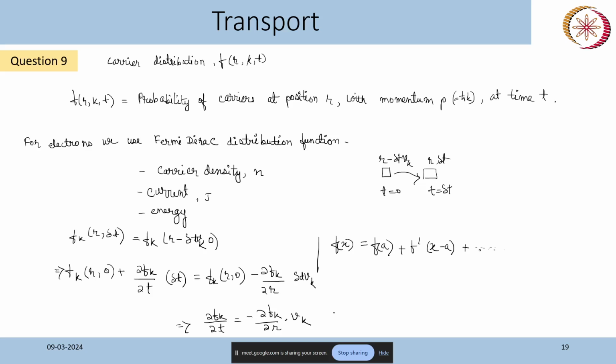The maximum concentration will decrease, and carriers will move in this direction and also in the opposite direction, and eventually there will be a uniform carrier distribution throughout the material. That is what this equation denotes, a diffusion induced evolution of f_k, the carrier distribution.